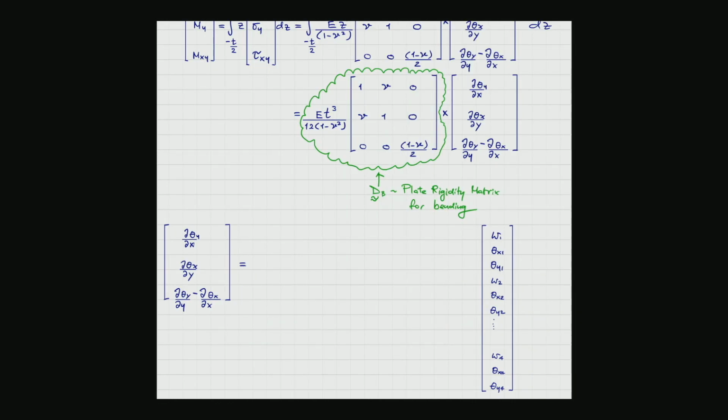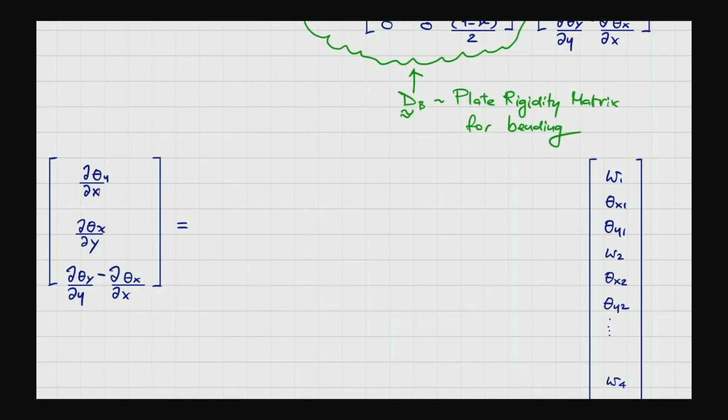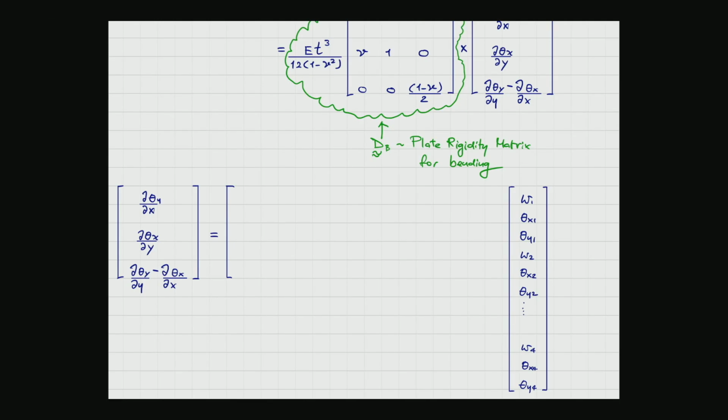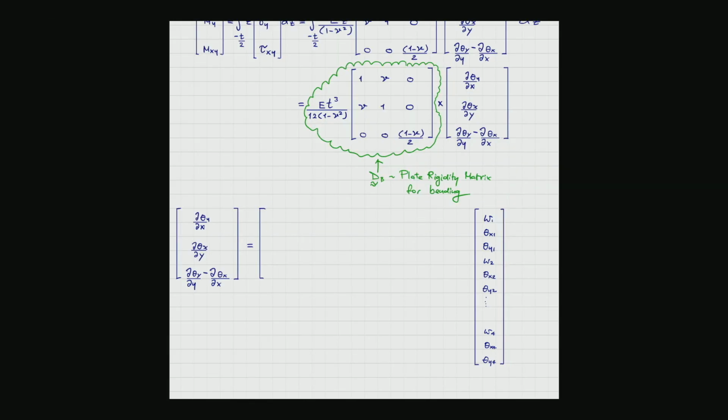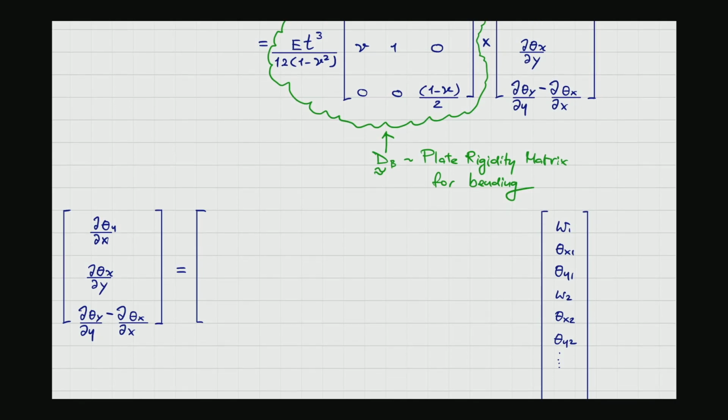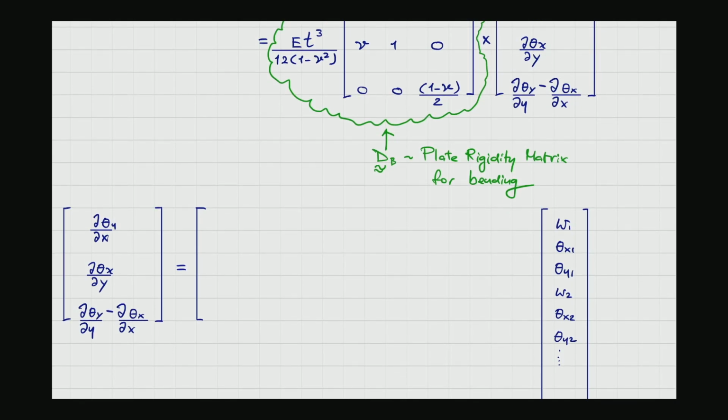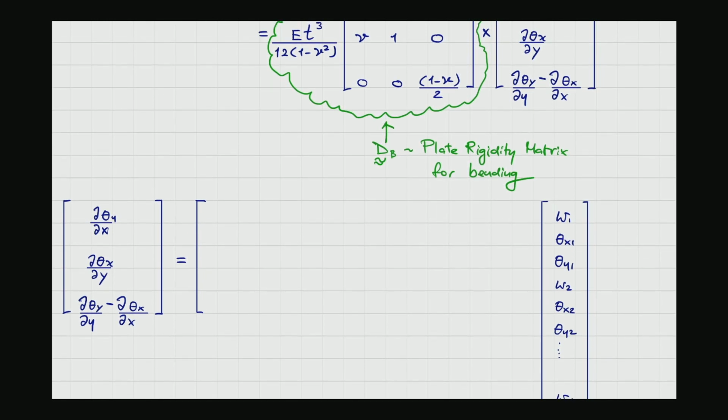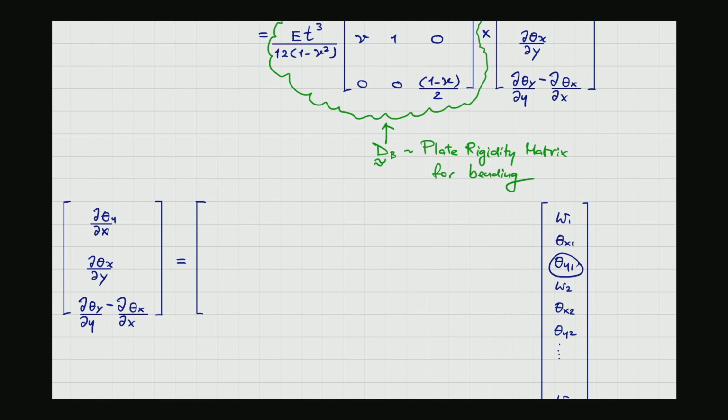And we make the B matrix, which is a strain displacement relationship or rotation, not necessary to be just displacement. So partial derivative of theta y with respect to x, you start first with what? W. It has nothing to do with W. You need theta y with respect to x.